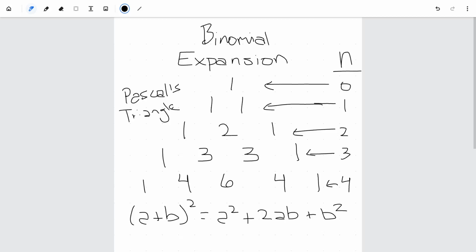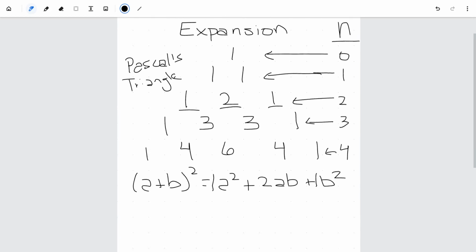We could put the 1 here and the 1 here and see that the coefficients are 1, 2, and 1. If you look at this triangle that I drew here, and you go down to n equals 2, we see that the coefficients are 1, 2, and 1, just like in our expansion of (a+b)^2.